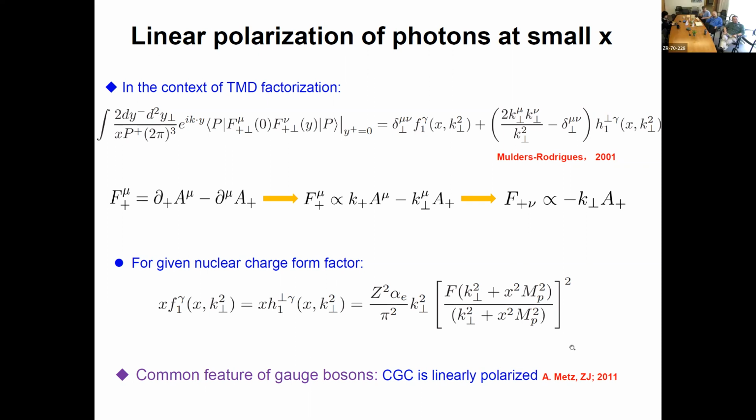So if I extrapolate this, then if you consider the gluon fusion, like in the CGC picture, if you think about the gluon fusion into some kind of quark pair production, that should also have some kind of cosine 4-phi modulation. Is that correct?